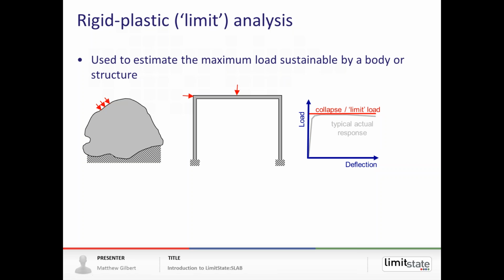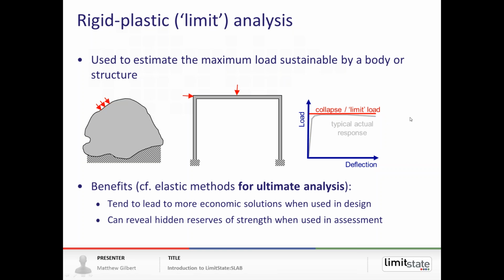So I mentioned rigid plastic analysis. What do I mean by that? Well, it's a rapid means of estimating the maximum load that can be carried by a body or structure. What we typically assume is that we have no deformation prior to collapse and then perfect plastic response at collapse.